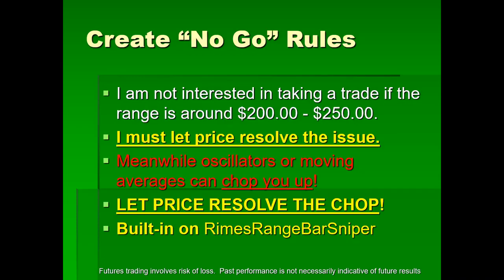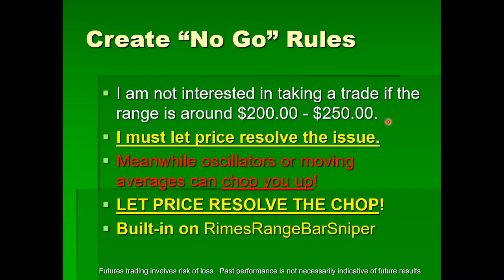I think you should have some no-go rules, especially for day trading. Absolutely. So I'm not interested in taking a trade if the range is around 200 to 250. And I've incorporated this in the Rime's range bar sniper.